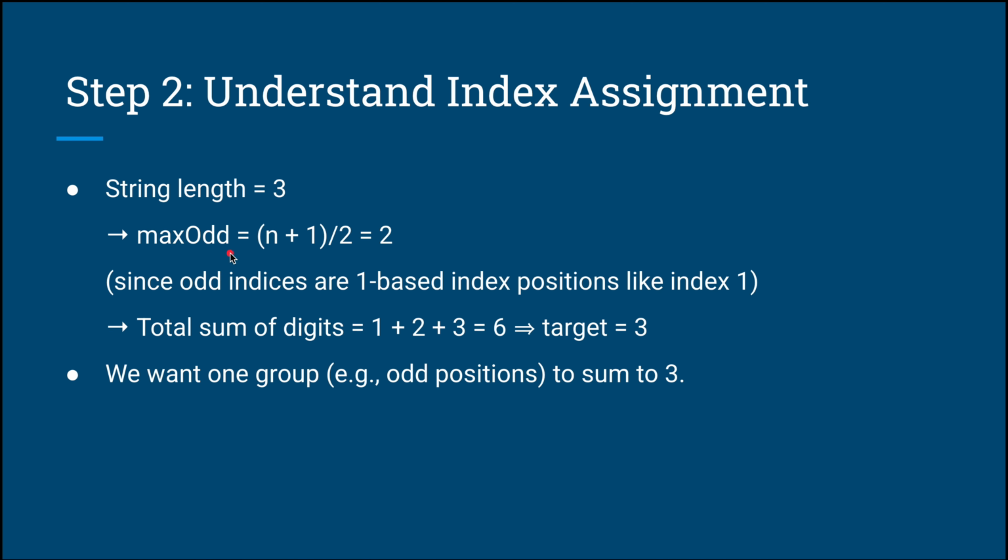So max odd, how we are going to find it: n plus 1 by 2, we will get 2. Since the odd indices are 1, you can say 1-based index position like 1. So the total sum becomes 1 plus 2 plus 3 is 6, and target is 3, right? Because we do total by 2, and then we get 3. Target is 3. So we want one group, that is the odd positions, to sum to 3.